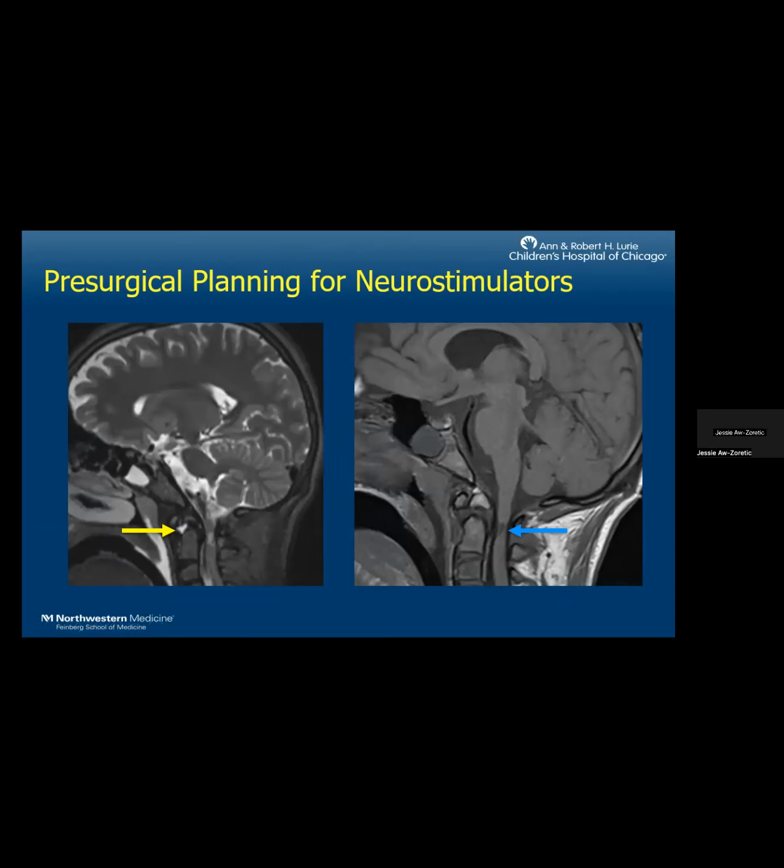This was actually a brain study versus a dedicated cervical spine study on MR. The patient was a teenager who came from elsewhere, was being seen by other places routinely, and came for pre-surgical planning for neurostimulators, and there was no actual history of any cervical spine anomaly.